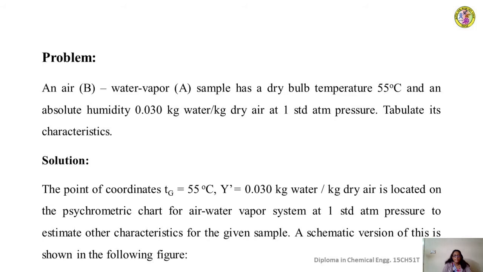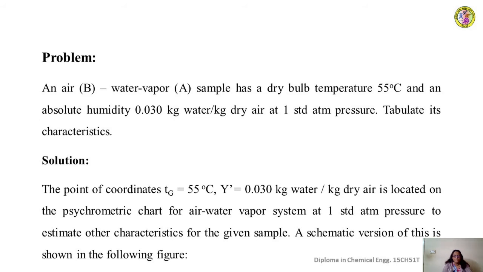So you are given an air sample having a water content of around 0.030 kg water per kg dry air. This is the y dash value of the given sample of air, and its dry bulb temperature is also given, 55 degrees centigrade.